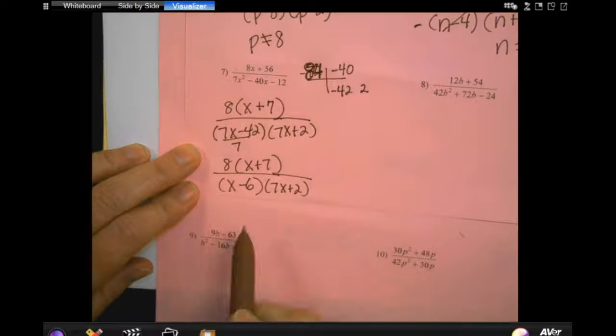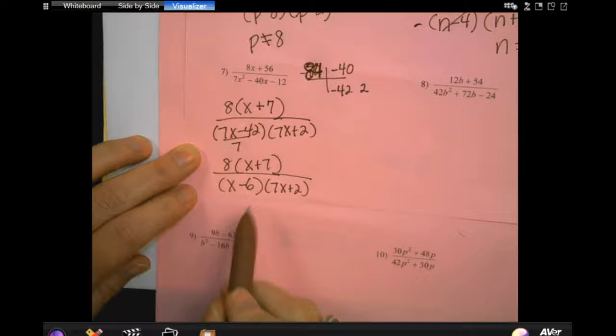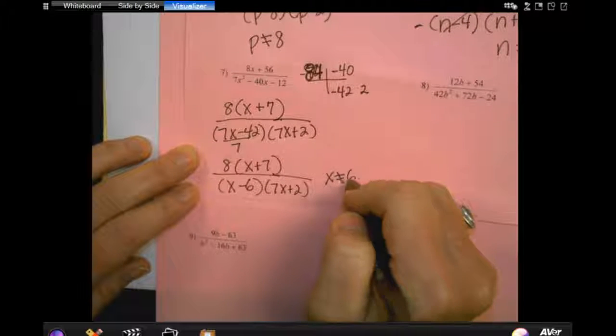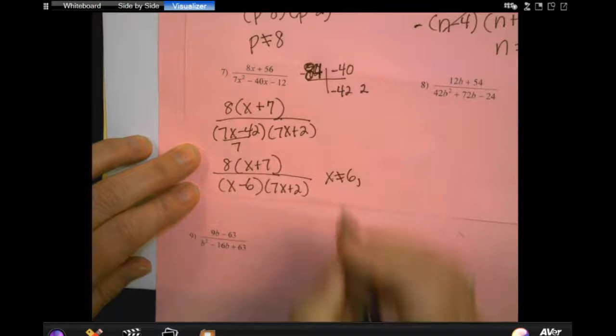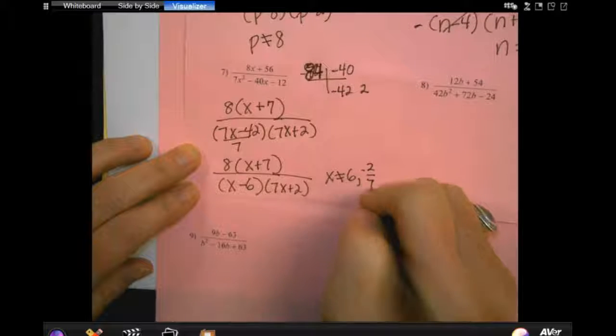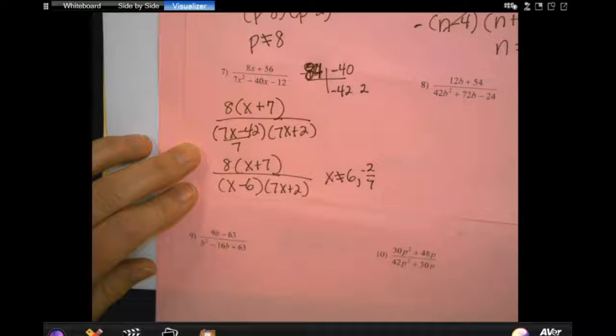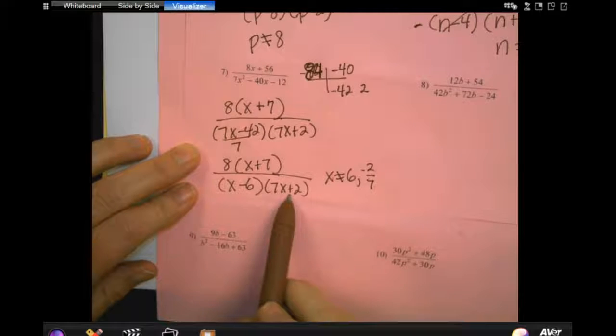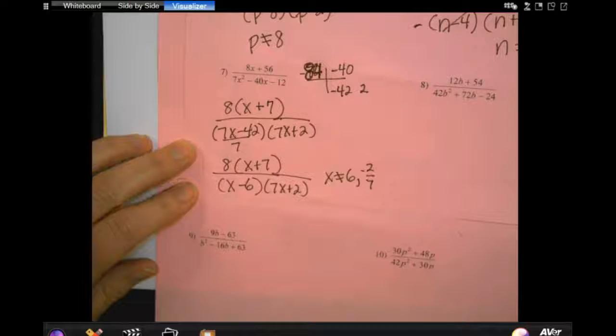So this is my reduced rational function right here. And my restricted values are 6 and then negative 2/7. If I subtract 2 and divide by 7, I get negative 2/7. Yeah, that's okay.